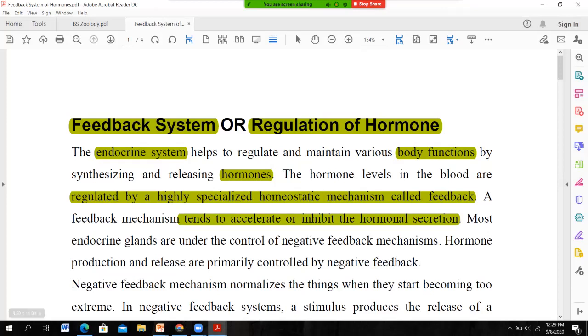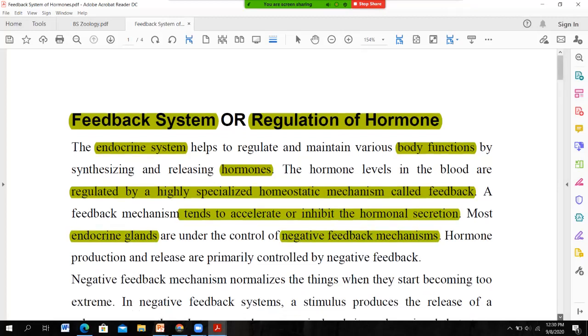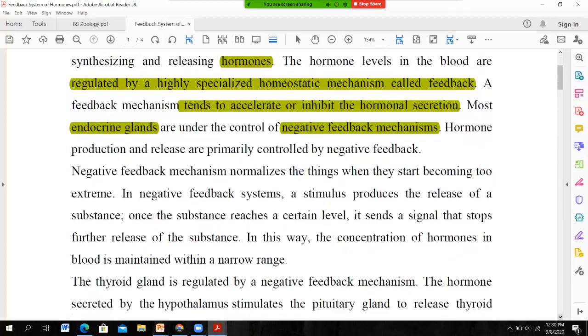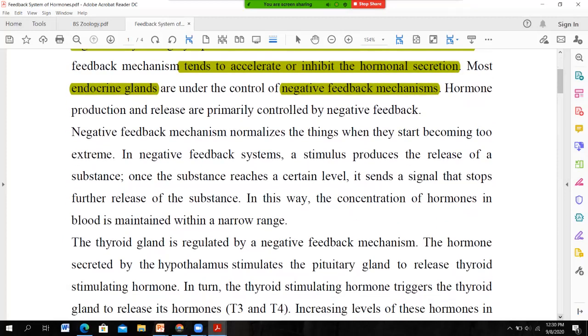Most of the endocrine glands, remember, are under the control of a negative feedback mechanism. So hormonal secretions are under the influence of negative feedback. A negative feedback mechanism normalizes things when they start becoming too high or extreme.